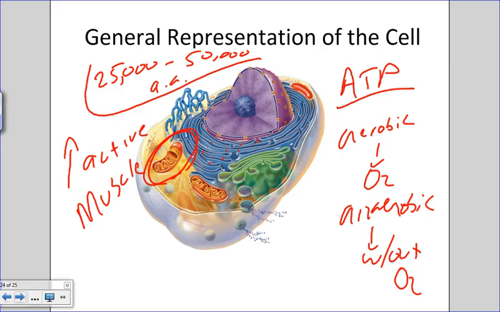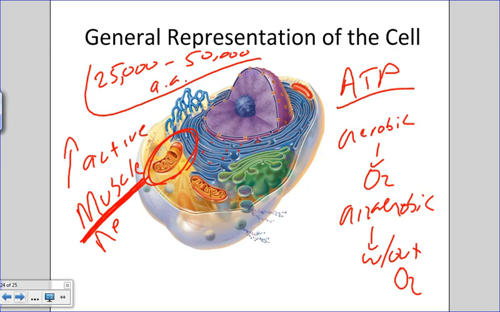This is a constantly active tissue. You burn a lot of calories at rest via muscle tissue. Plus, to sustain something like exercise and movement requires a lot of energy. So as a result, you're going to need to produce a lot of ATP so you can perform work. So muscle cells have a lot of mitochondria.